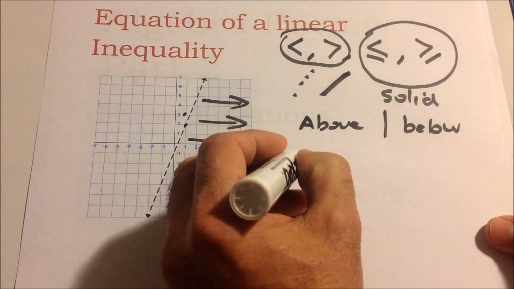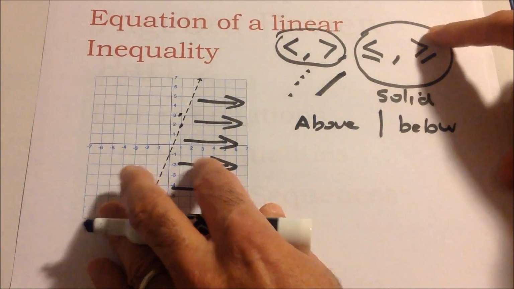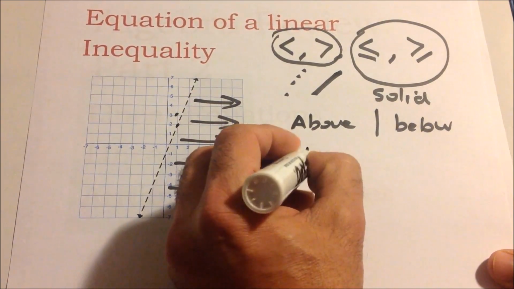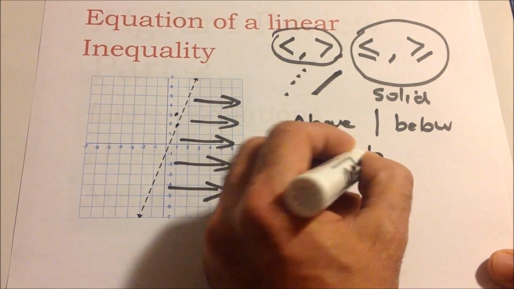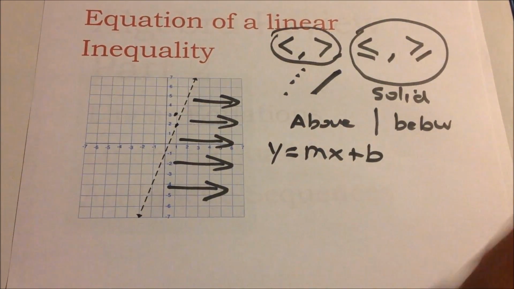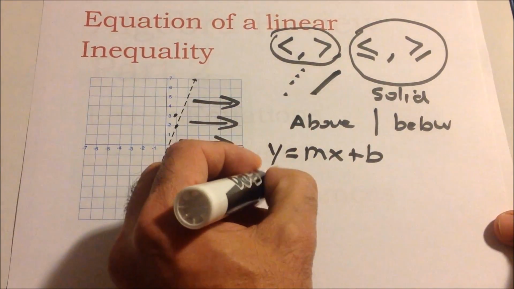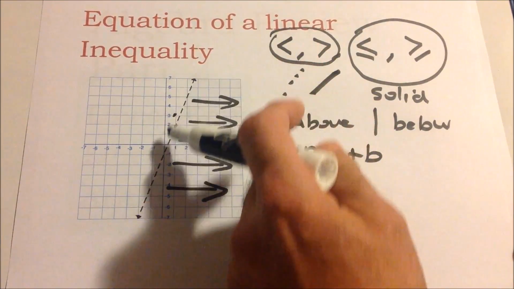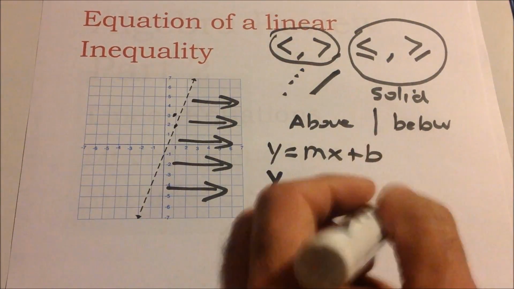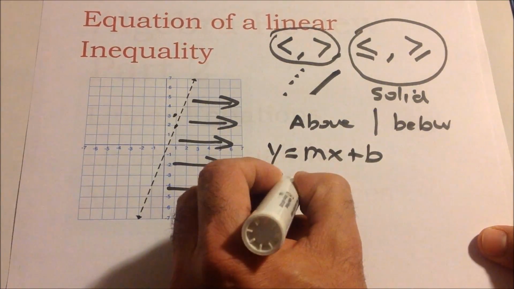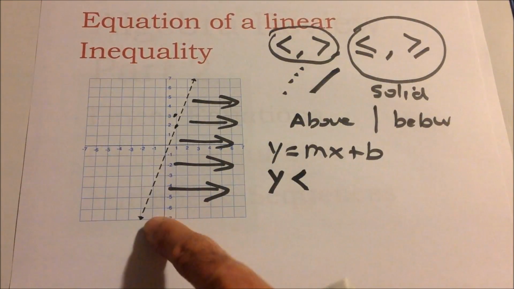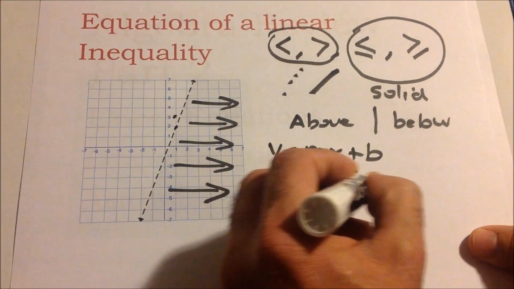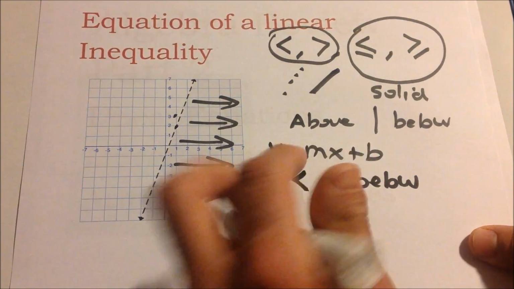And we're going to have an equation. So here's a related equation that's not an inequality. It'll be y equals mx plus b. But in an inequality now, we're going to have y, and we're not using these because it's a dotted line. So if it's below the line, that means y is less. This is what below means, where y is less.